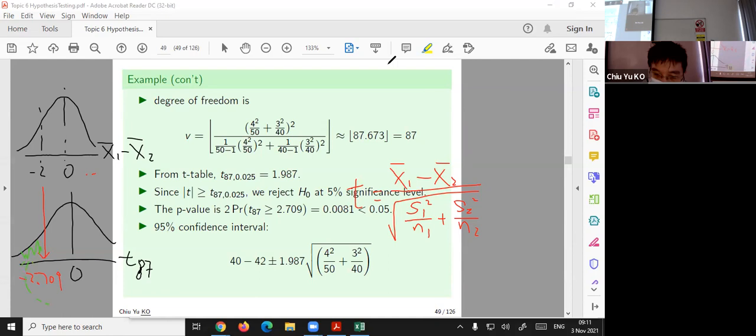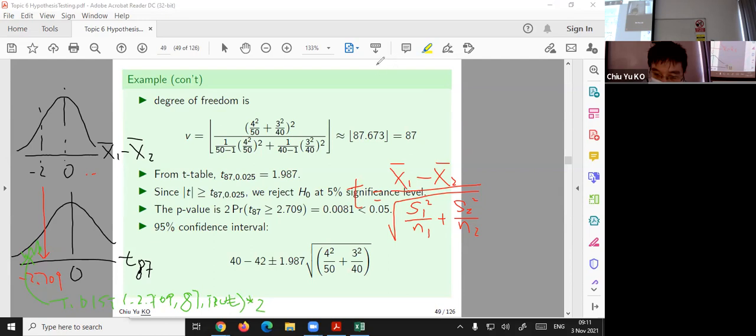So we key this in, input your number, put degree of freedom 87 and true. Remember, you multiply by 2 to get the p-value.